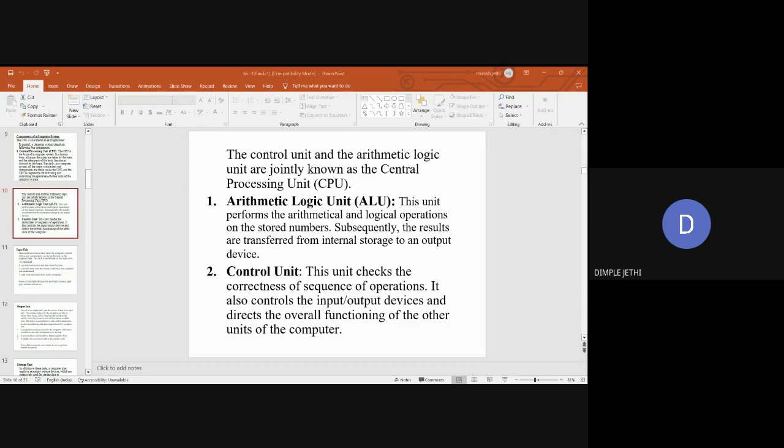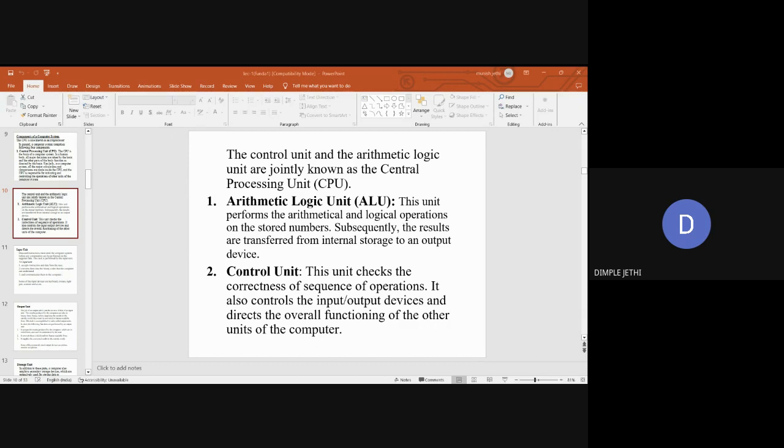And which part of CPU does the actual processing? ALU. And why is this called ALU? Because CPU can perform only two types of operations, arithmetic and logical. Whatever instruction you give, it will perform it. Even if you tell the computer to subtract, it will do that subtraction using addition only.